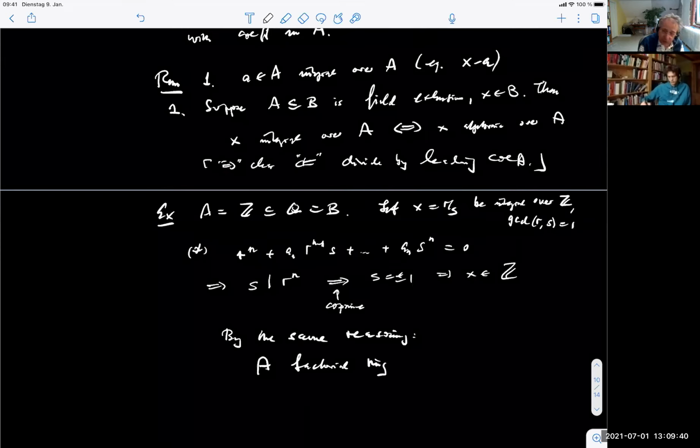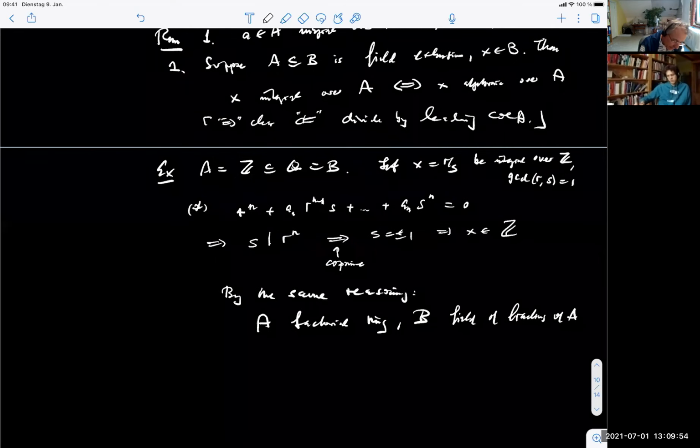Before it was the integers, but the argument works for any factorial ring. B is the field of fractions of A. Then the only elements of B that are integral over A are the elements of A. x in B integral over A implies x is in A. The other implication is also true, but this is trivial.